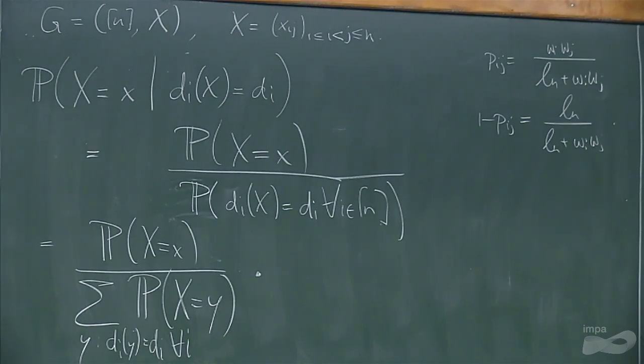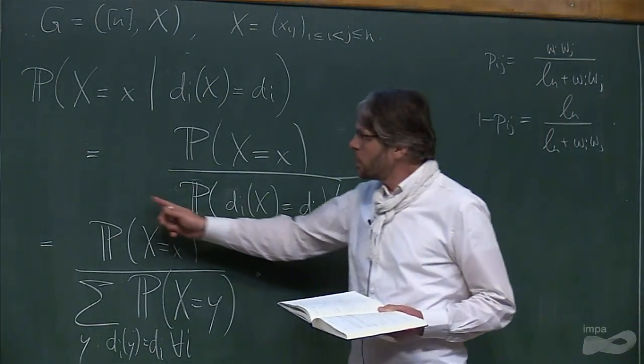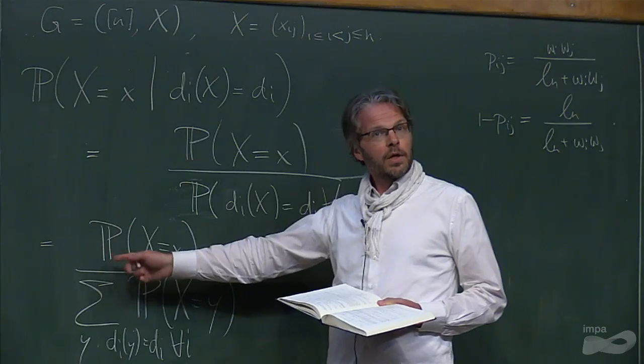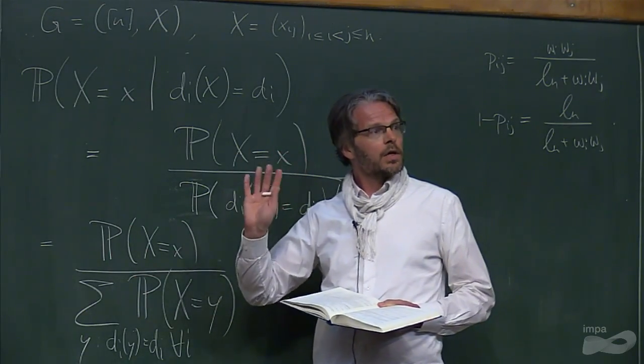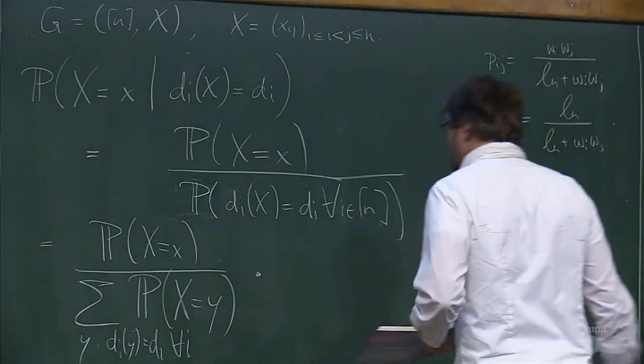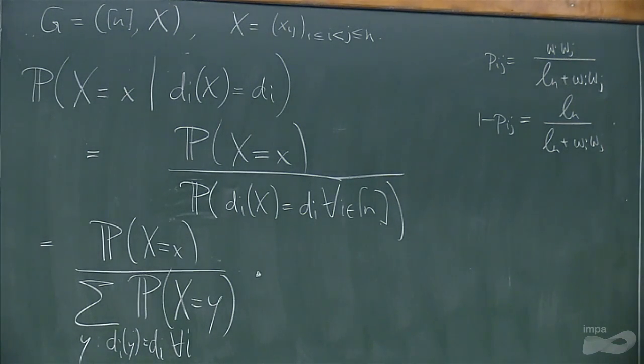Okay? Now here I'm no longer conditioning on the degree distribution. So here I can use that my indicators are independent. That's actually very nice. So what is this probability then? The probability that X is equal to x.